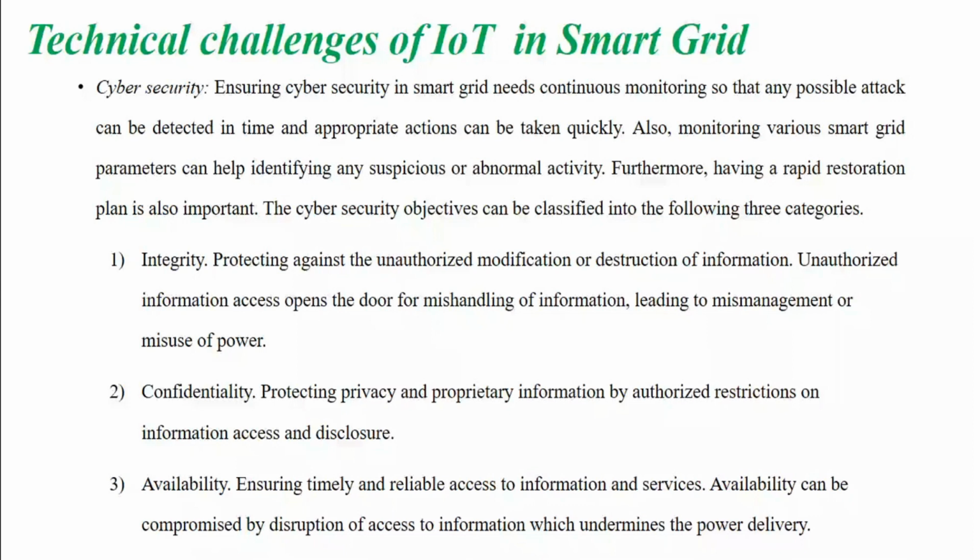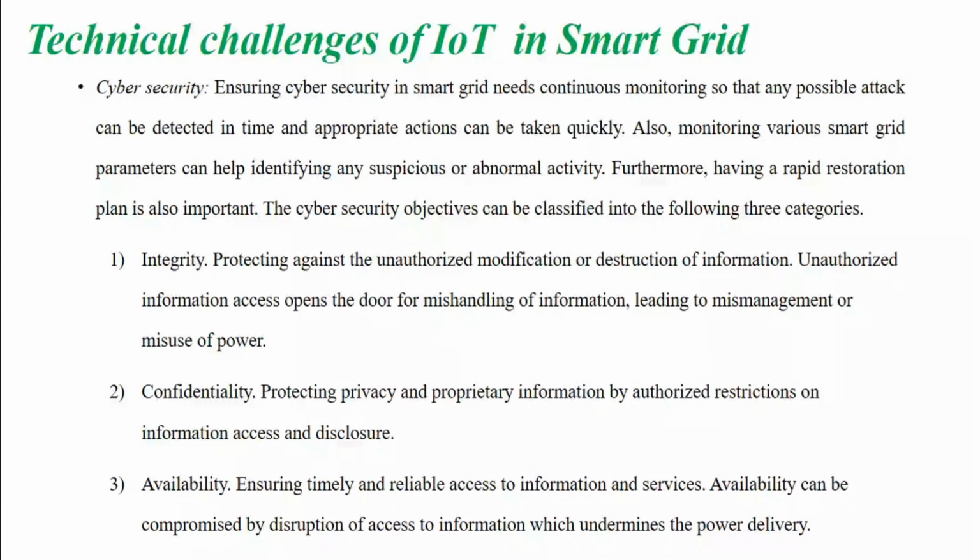Ensuring cyber security in the smart grid needs continuous monitoring so that any possible attack can be detected in time and appropriate actions can be taken quickly. Also, monitoring various smart grid parameters can help identify any suspicious or abnormal activity. Furthermore, having a rapid restoration plan is also important.